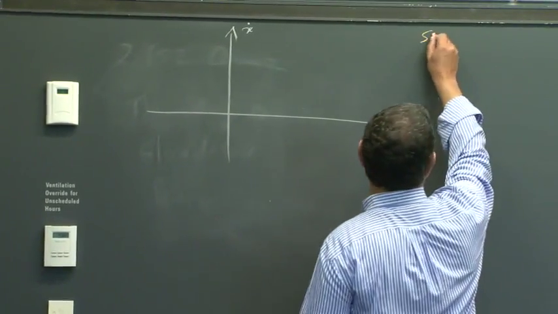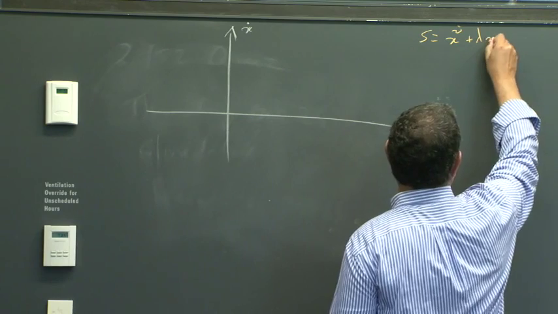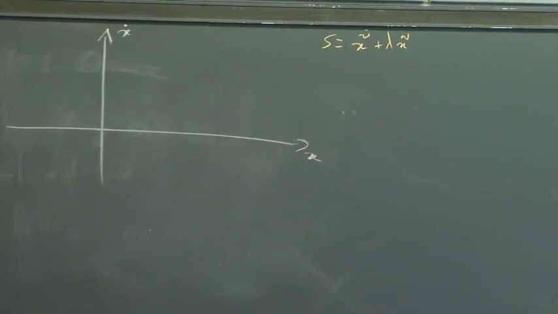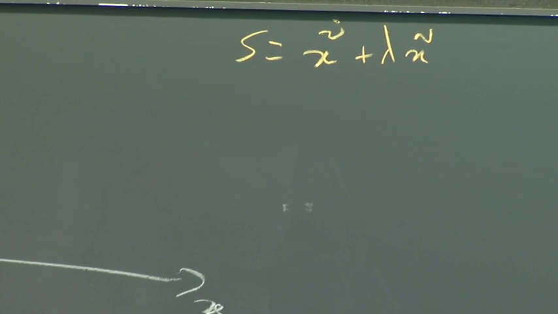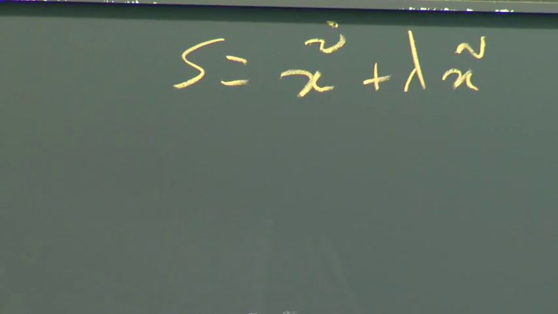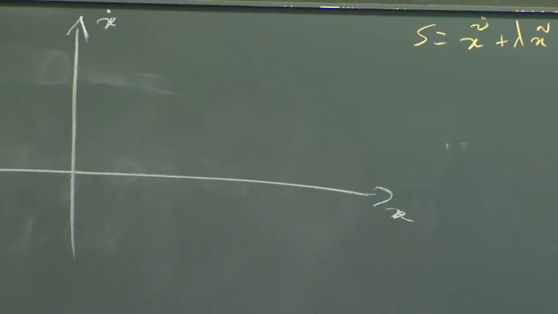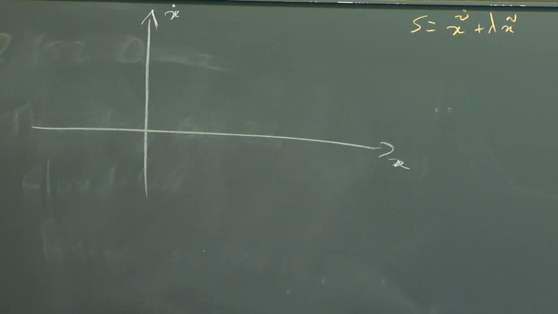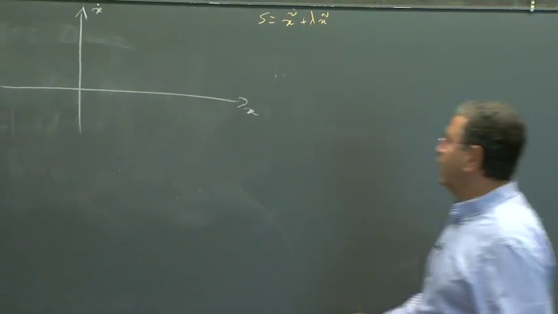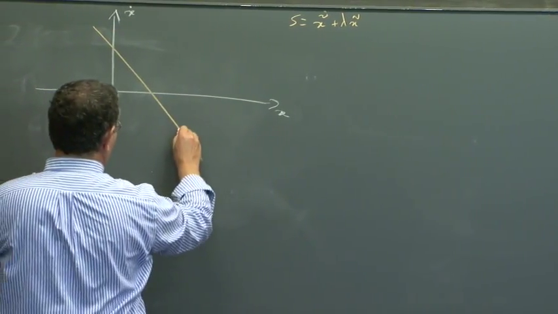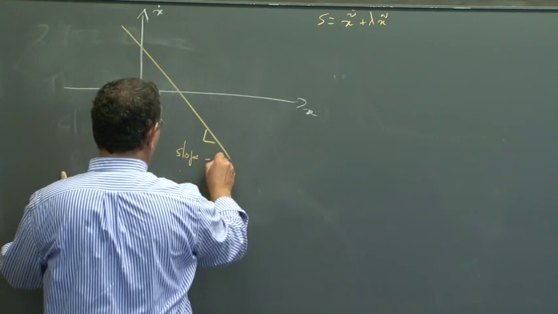Okay, so S is x tilde dot plus lambda x tilde. Lambda is, you know, 7 or some positive number. How can we draw S equals 0 on this plane? Is it a circle, a line, a square? It's a line, right? What's the slope? It looks like this, so it has a slope of minus lambda, right?